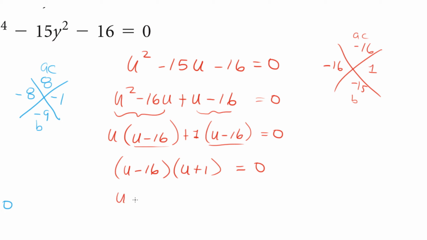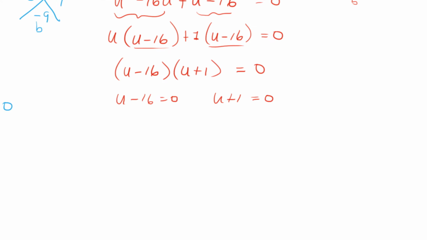Oops, I jumped a step. Let me erase it. U minus 16 equals 0, and u plus 1 equals 0. So u equals 16, and u equals negative 1.